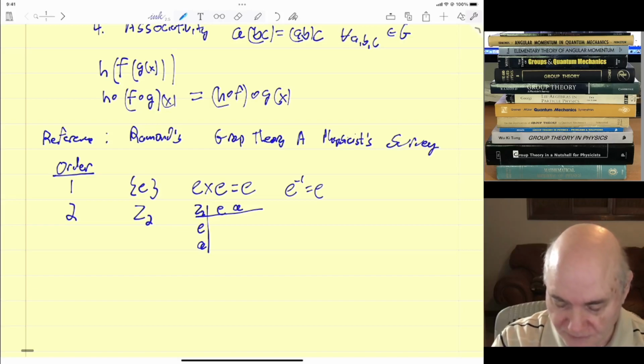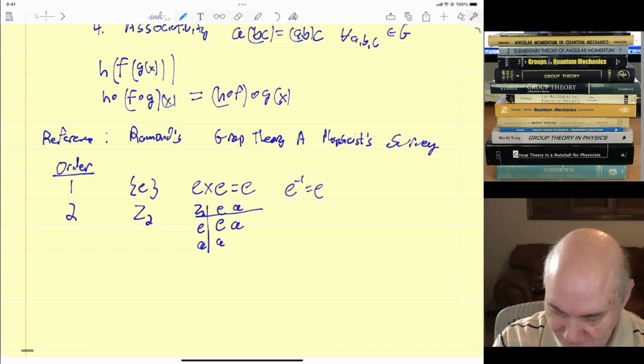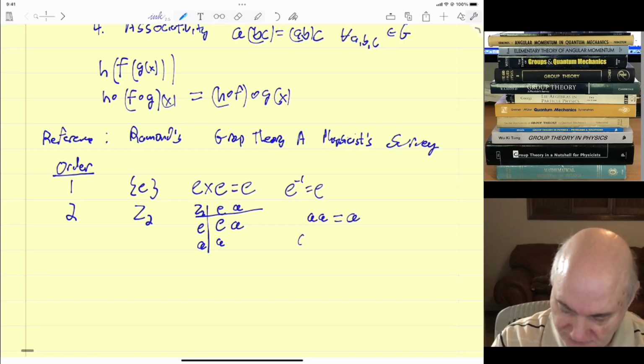It's like a crossword puzzle. E times E is what? It's E. E times A is what? It's A. A times E is what? A. A times A? Well, there's two possibilities since there are two elements in the group. If AA equals A, we have a problem, because then we multiply by A inverse.